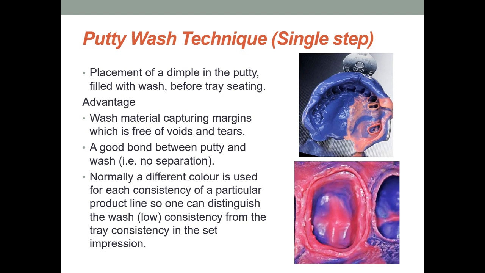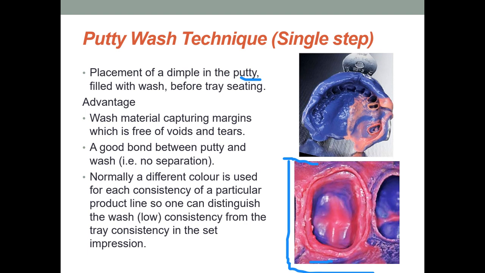The disadvantage of this single stage technique is that sometimes, because the putty is very thick in consistency, it will push the light body and flush it away, and there is no light body. So if you are making a single step impression, you have to be very cautious that the light body covers the critical area, as you can see in the picture, like the margin, and the rest of the area can be covered by the putty, but the main prepared area should be in the light body.